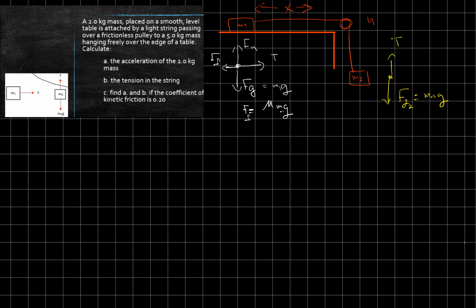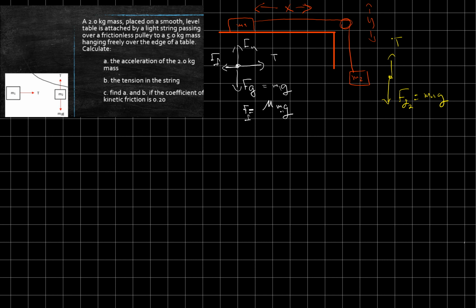Mass 2 is going to go down in this case, and mass 1 is going to go to the right. So always think of them as negative forces instead of just always using gravity. The acceleration of gravity is always negative 9.8, for example.